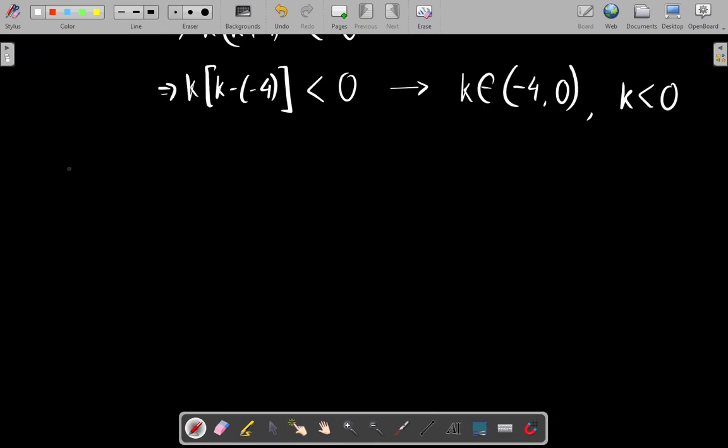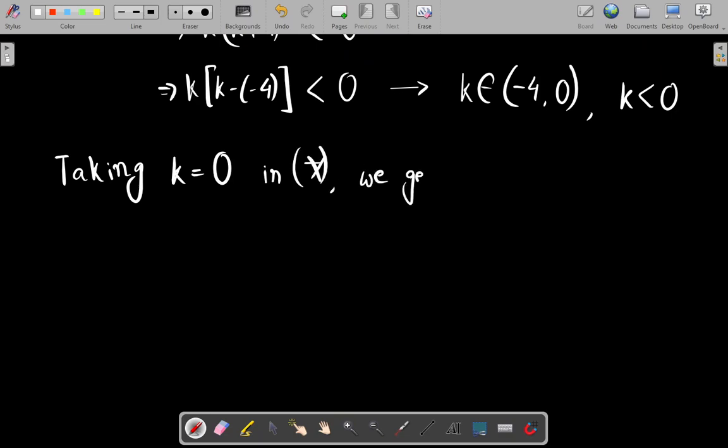Taking k equal to 0 in star, we get k times 0² − k times 0 − 1, which is −1, which is less than 0.